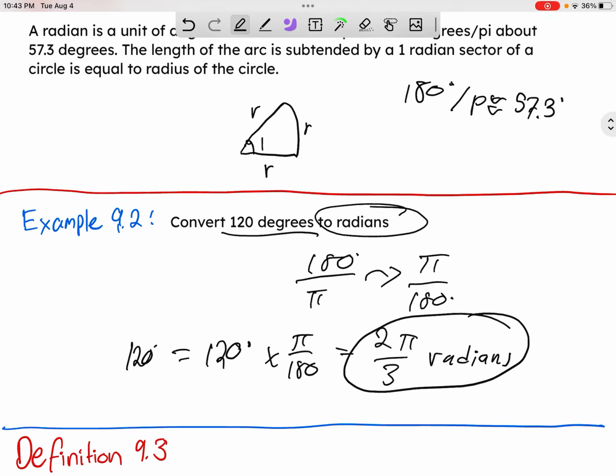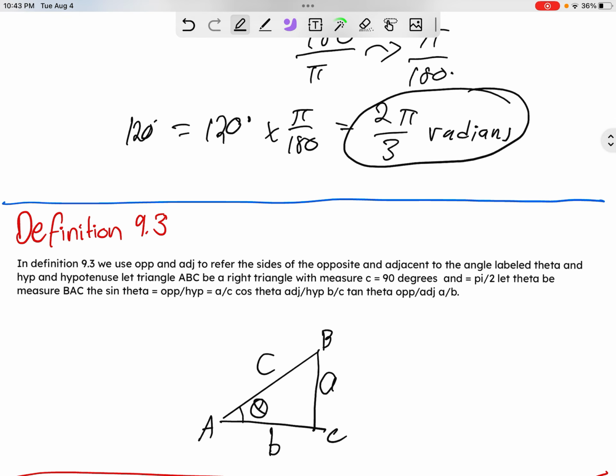Okay, so we'll go to definition 9.3. In definition 9.3, we'll be using opp and adj to refer to the sides opposite and adjacent to the angle labeled theta, and hyp as the hypotenuse. Let triangle ABC be a right triangle with the measure of angle C being 90 degrees.